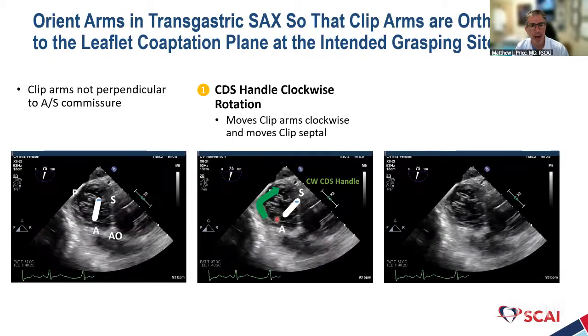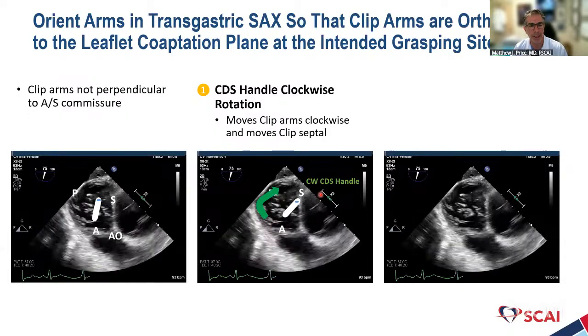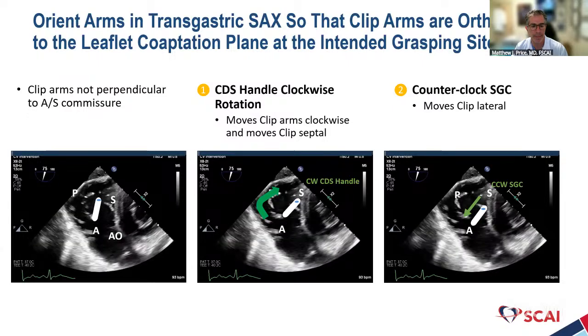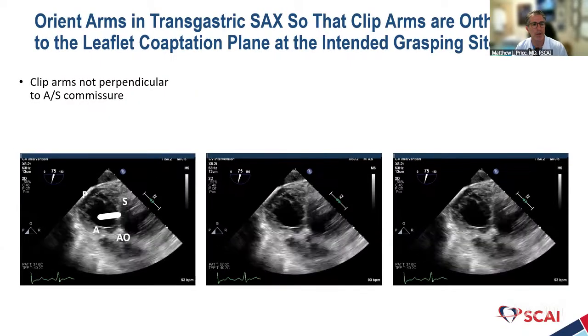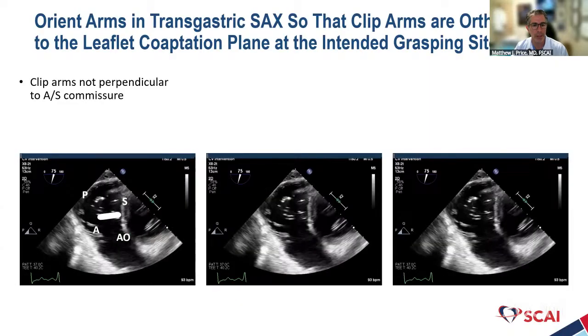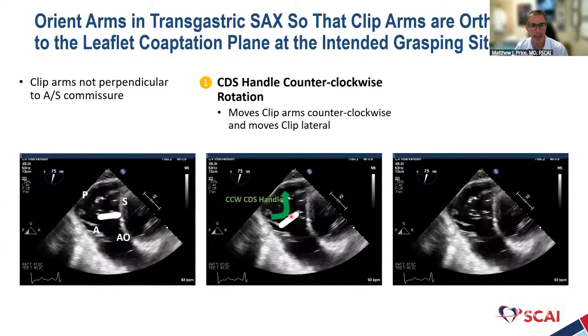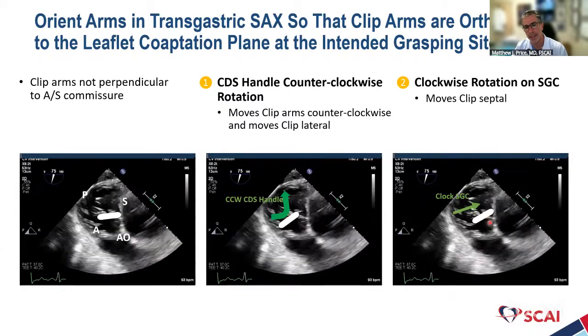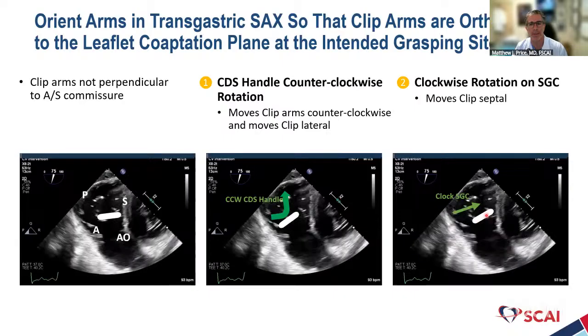That will bring the entire system septally, because clockwise rotation brings you septally. So you'll have to counterclockwise rotate the guide to get back to where you need to be. In contradistinction, if you are too clocked, here I want to counterclockwise rotate the clip. So I will counterclockwise rotate the CDS handle, and at the same time or soon afterwards, clockwise rotate the steerable guide, and you will orient appropriately.